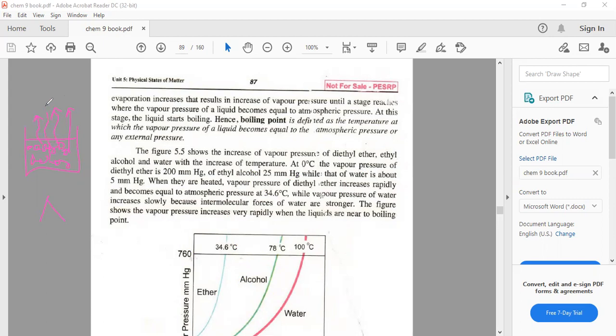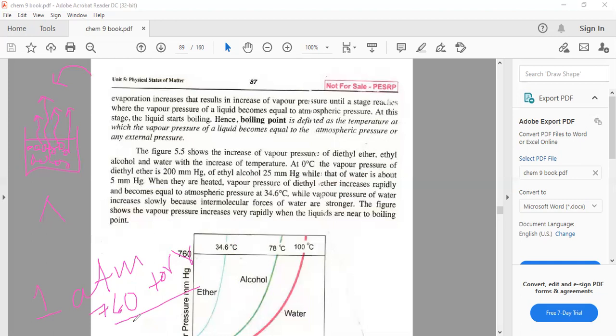When this vapor pressure is equal to the atmospheric pressure, the atmosphere having gases, having air, and air having some pressure, as we know, our normal atmospheric pressure is 1 atm. Standard atmospheric pressure is 1 atm, which equals 760 torr, and this 760 torr equals 760 mmHg, millimeter of mercury.